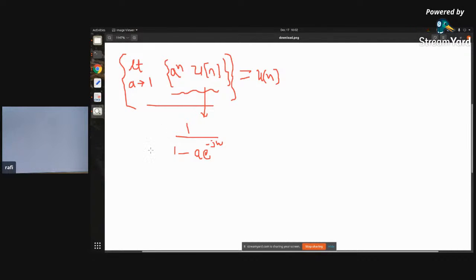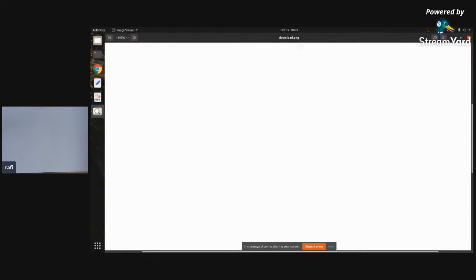But when a tends towards 1, you will get some other factor in 0 by 0 form. That is the hint to solve the Fourier transform of u of n. You represent u of n as a power n u of n with the limit a tending to 1, and carefully you need to see the mathematics. If you are able to do this, you are good at mathematics.